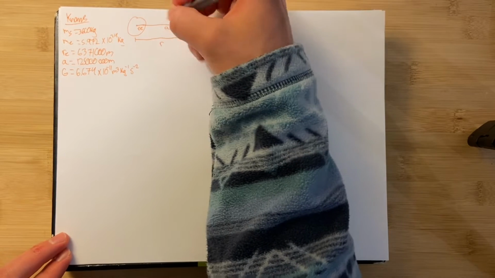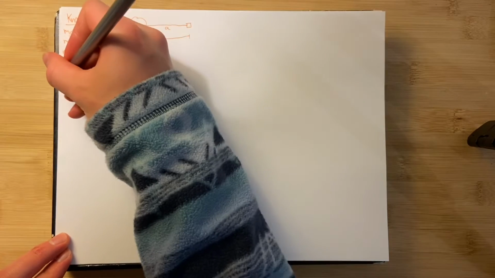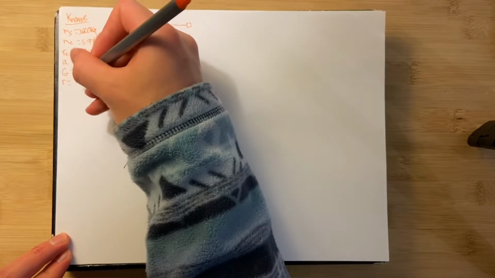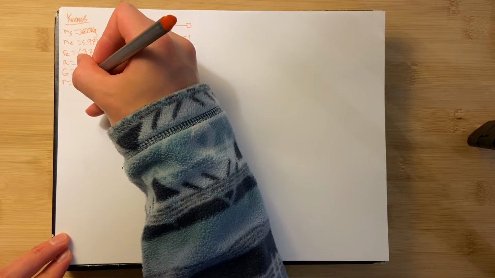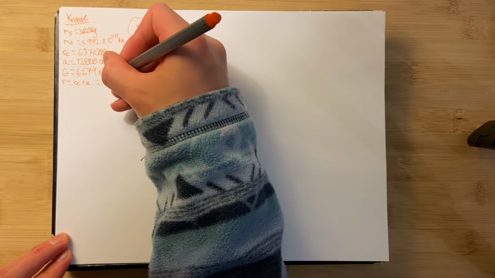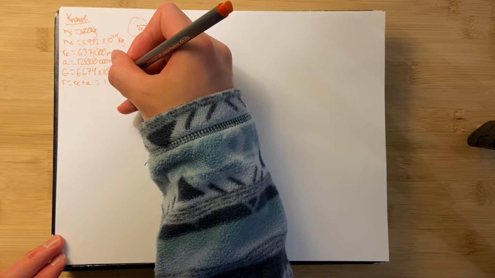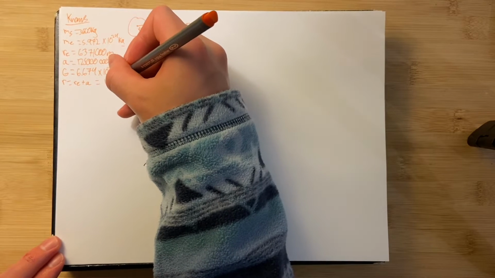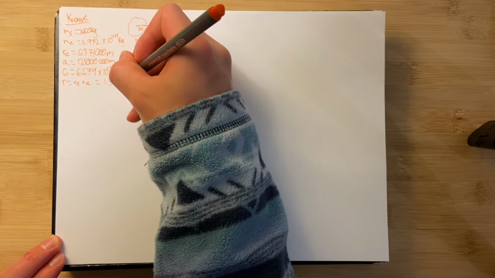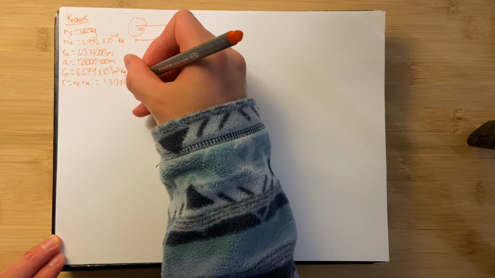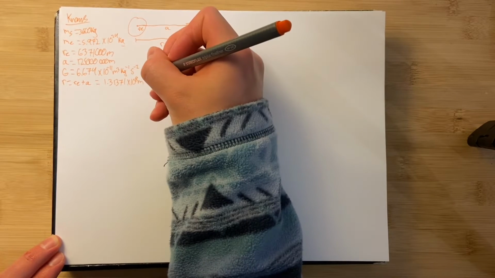So the R value is going to be equal to the radius of the Earth plus the altitude, and that is going to be equal to 1.31371 times 10 to the 8 meters.